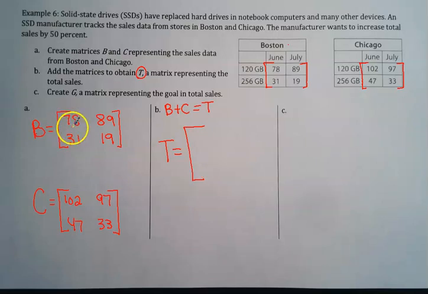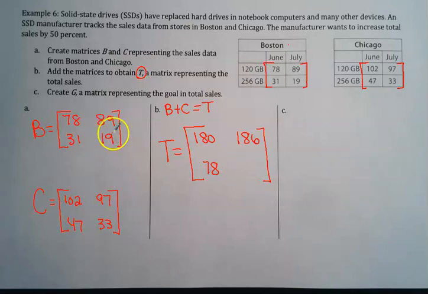So 78 plus 102 is going to give me 180. 89 plus 97 is going to give me 186. Go ahead and put that bracket in there. 31 plus 47 is going to give me 78.